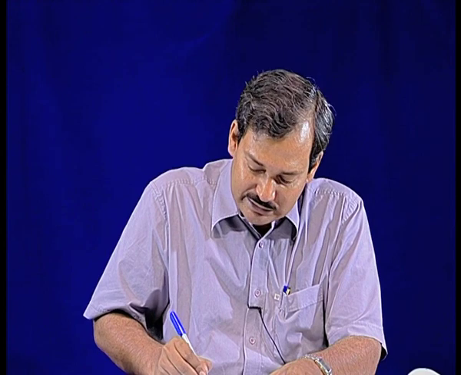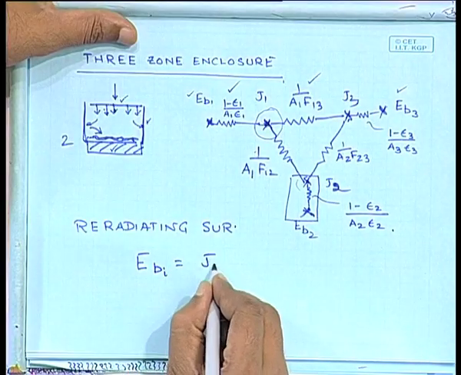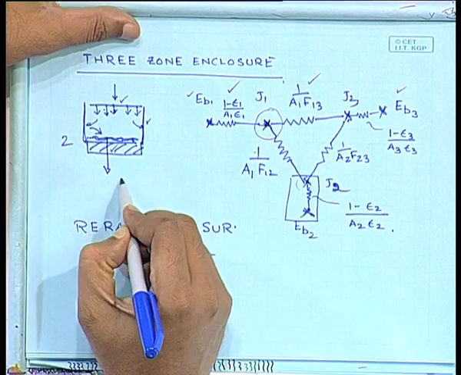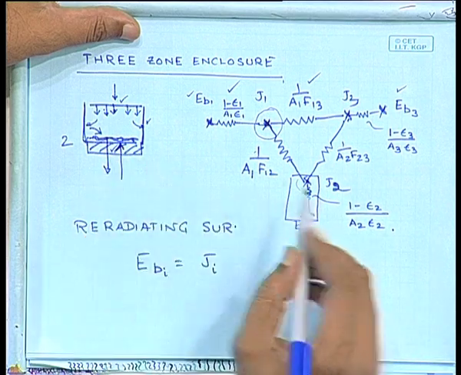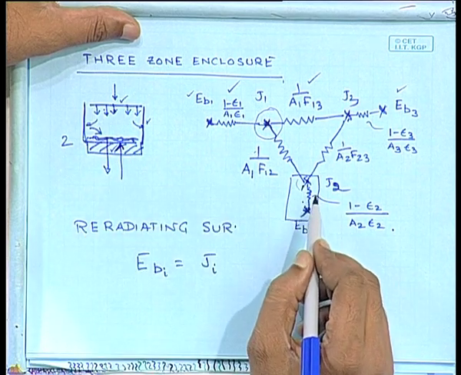You understand the reason why it is so. So, for a radiating surface, EB is equal to J, EBi is equal to Ji, since you do not extract anything nor do you add anything. So, there is no current in between these two, and these two potentials will have to be the same.